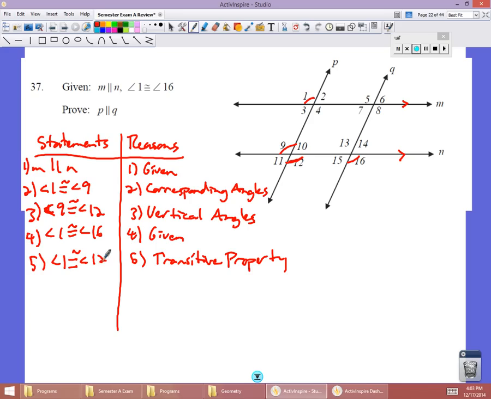So that's transitive. Now we're going to do the same thing here. 1 is congruent to 16 and 1 is congruent to 12. So what does that mean about 12 and 16? They're congruent to each other. So we're going to write angle 16 is congruent to angle 12. And once again, that's going to be because of the transitive property.